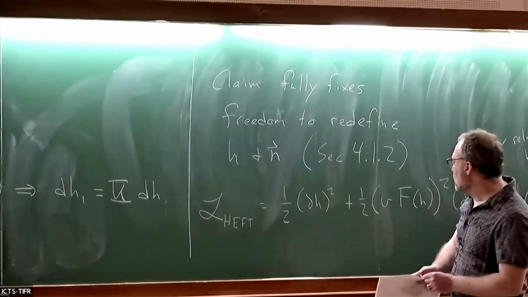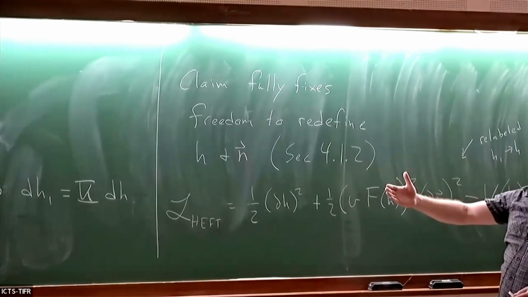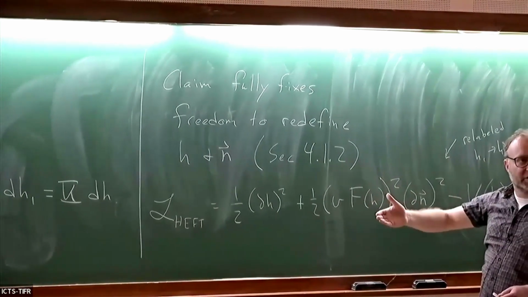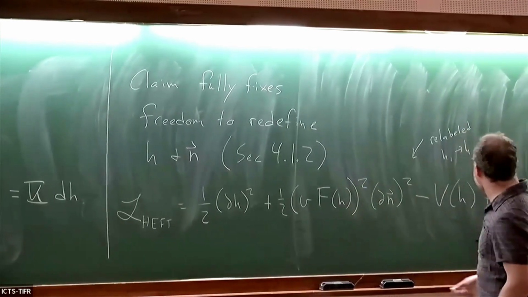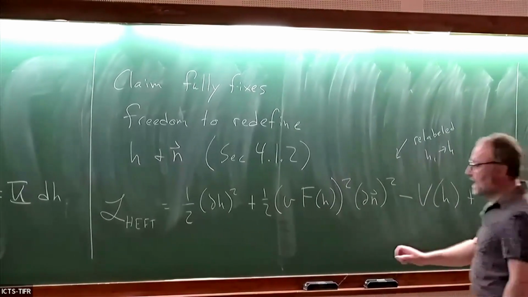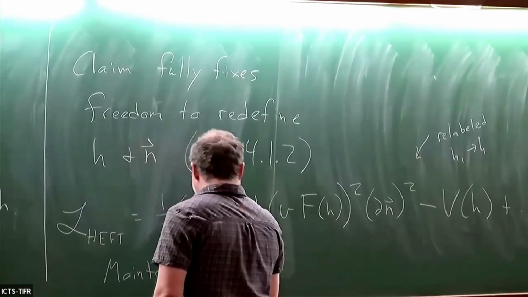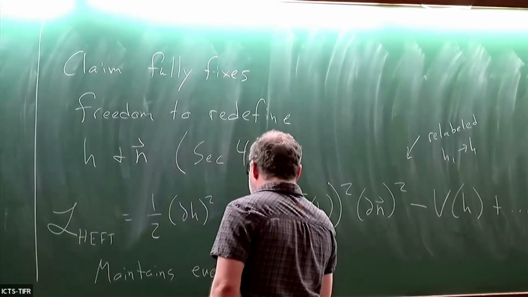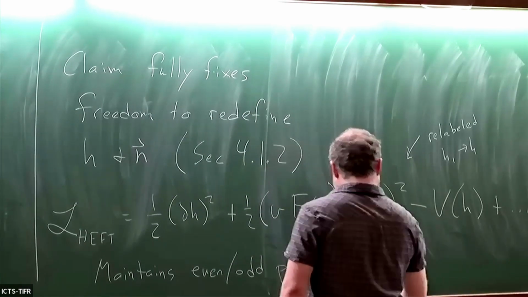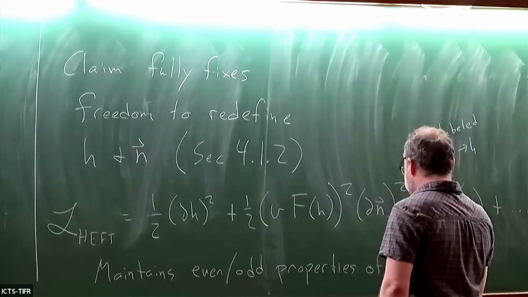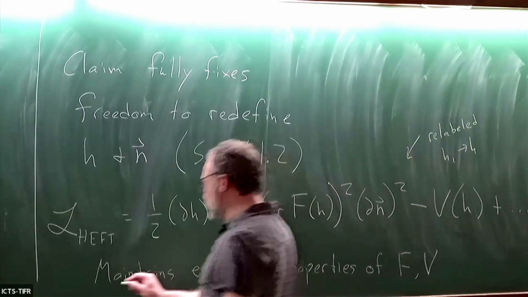Because if I have some even function and multiply it by an even function, I get an even function. If I have some odd function and multiply it by even, I get odd. So this maintains the even/odd properties of f and v. That's kind of critical to the argument.